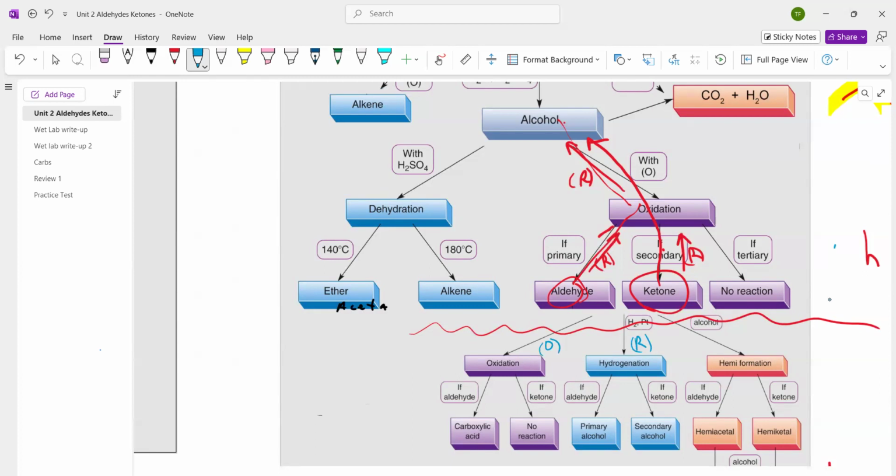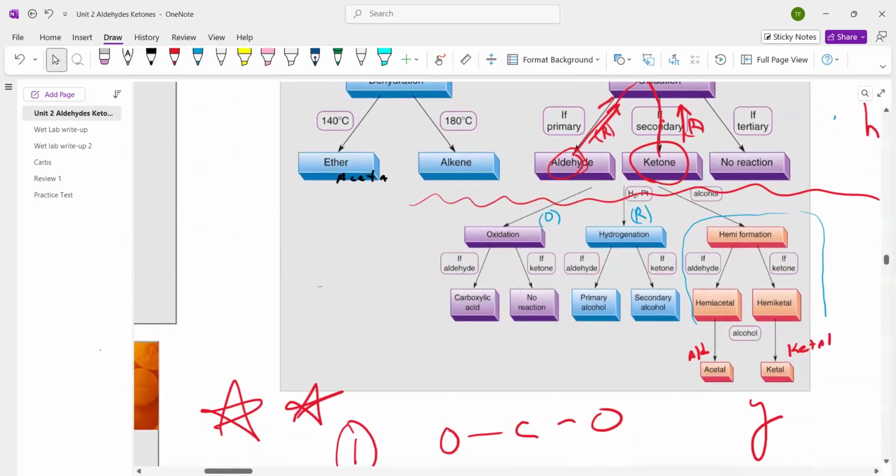Now, this is the second set over here of reactions.